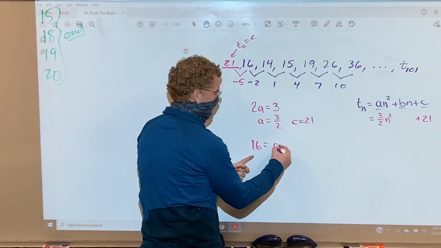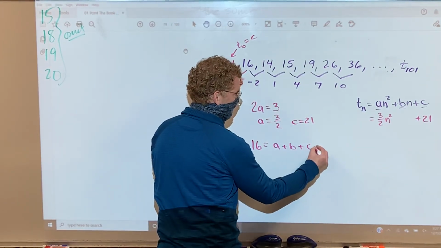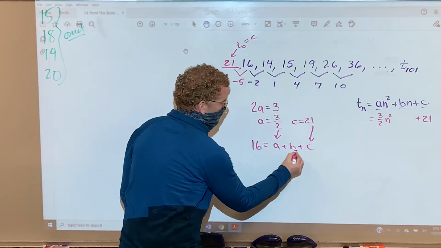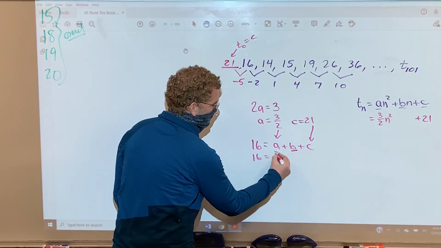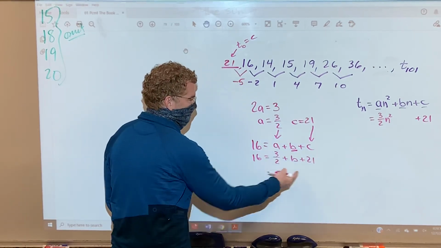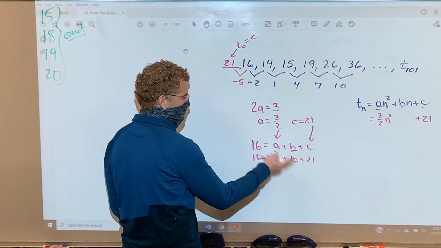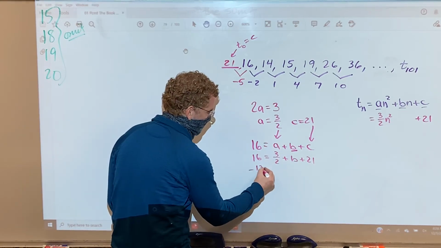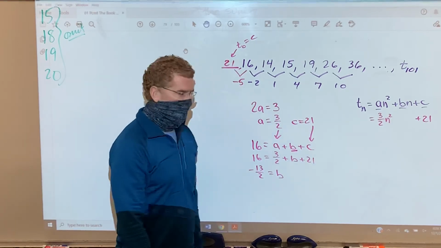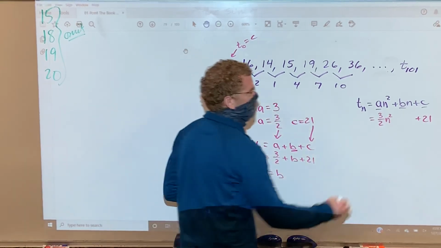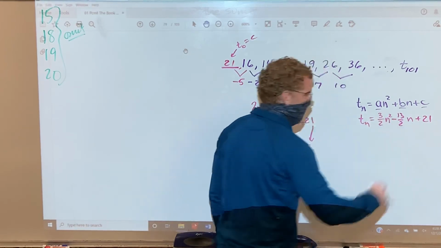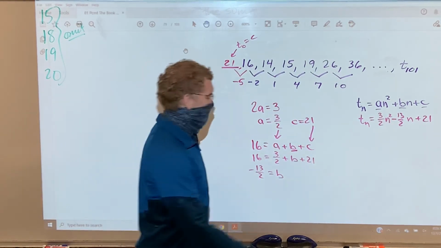So 16 is A plus B plus C. And I already know A and I already know C. So I can solve for B. So 16 is 3/2 plus B plus 21. So if I subtract that, I get a -5. I subtract 1.5, I get a -6/2, I believe. So B is -13/2. And that's my formula.